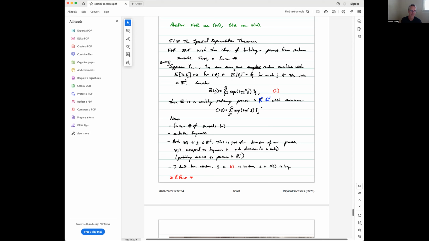This makes sense for the notion of variance in the complex setting. What we have are m y's, we have m frequencies, which are going to be given by omegas, and they say consider this process here.